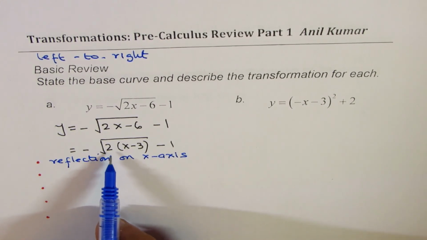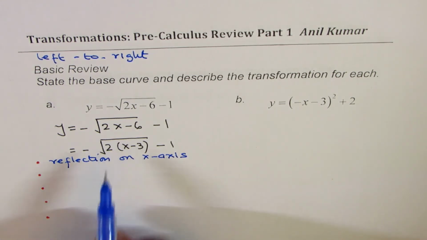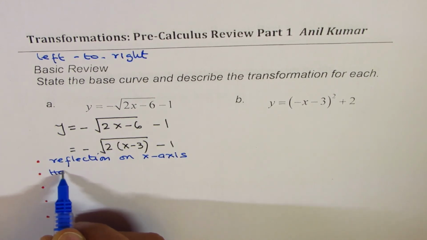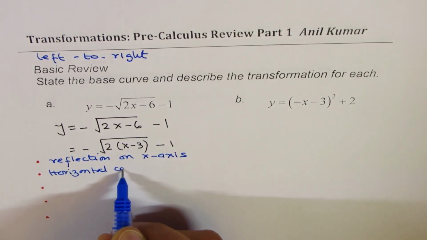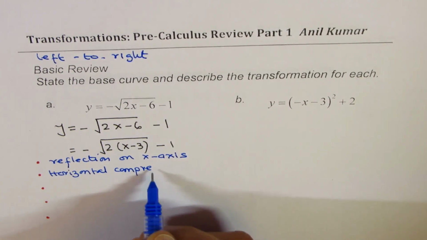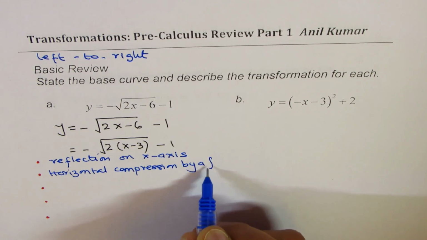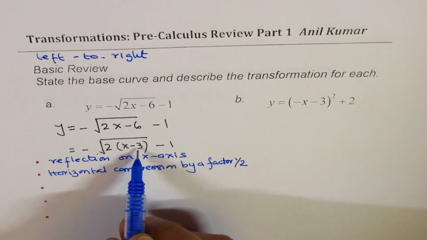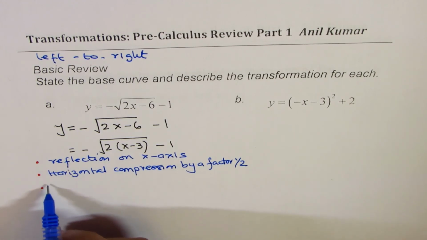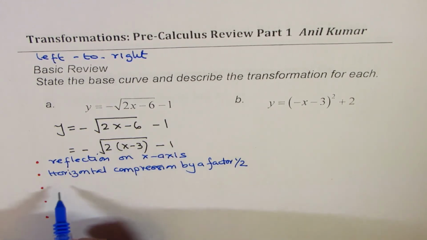Now, as you move inside, this 2, inside things are kind of reversed. So this 2 represents horizontal compression by a factor of half, right? And 3 inside means horizontal translation, 3 units to the right, right?